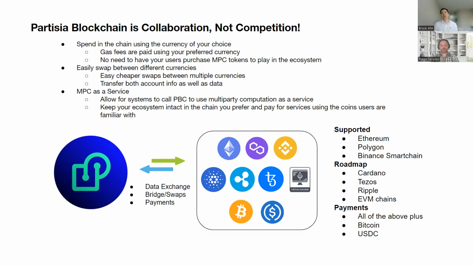You keep your applications intact in the chain that you prefer and still get your multi-party computation as a service and pay for it using the coins that you're familiar with or that your users are familiar with. So this is really our take on introducing collaboration in the blockchain ecosystem, and shows that we truly do believe in collaboration as our value proposition.